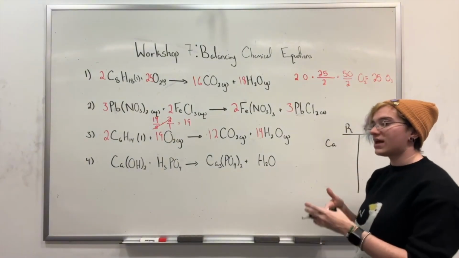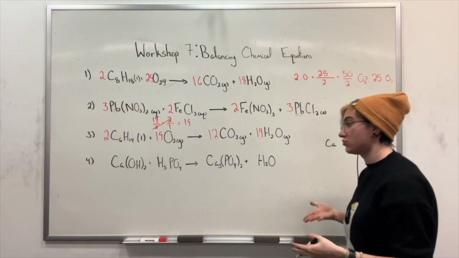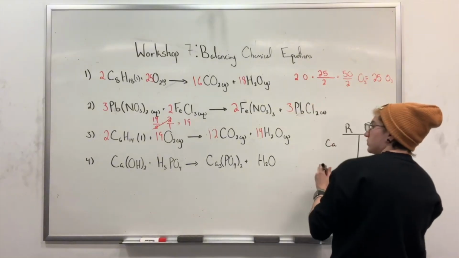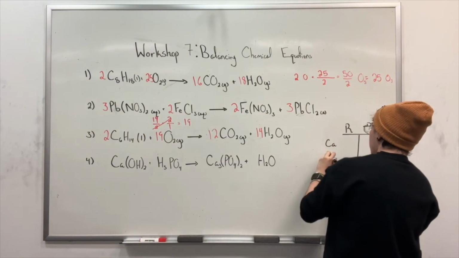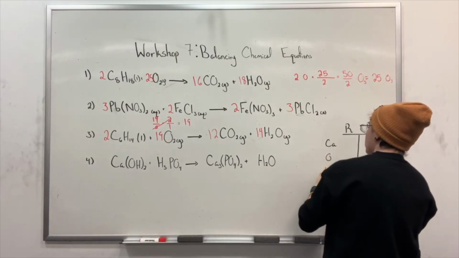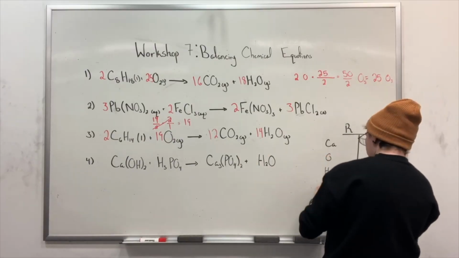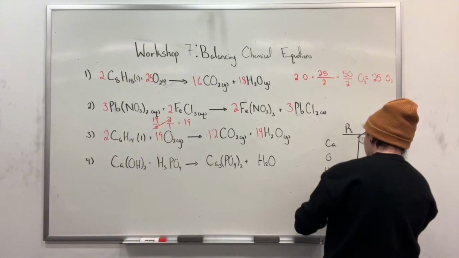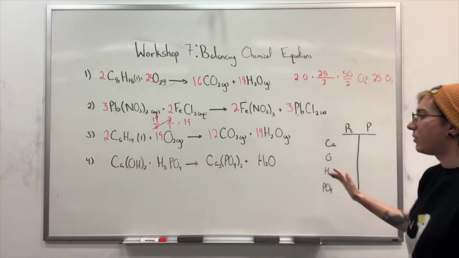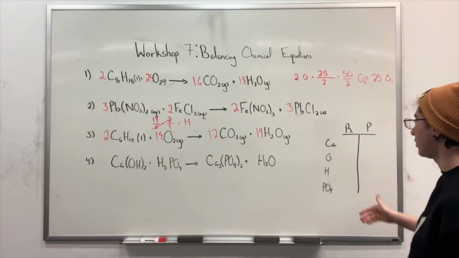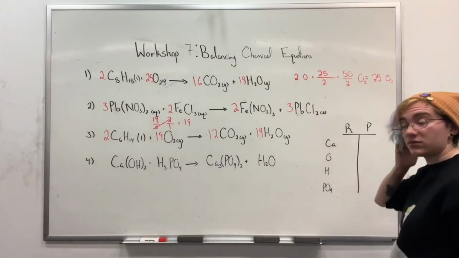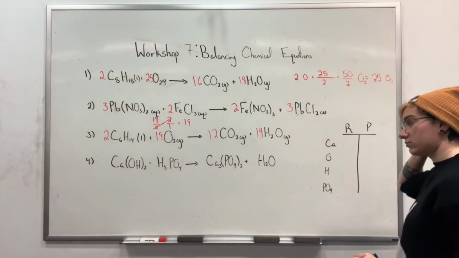We have to balance it as separate oxygen and hydrogen. So we have calcium, oxygen, hydrogen, and we have phosphate. If it stays the same on both sides, you can keep it, but if it breaks down, then you cannot balance it as an ion. You have to balance it as separate atoms.